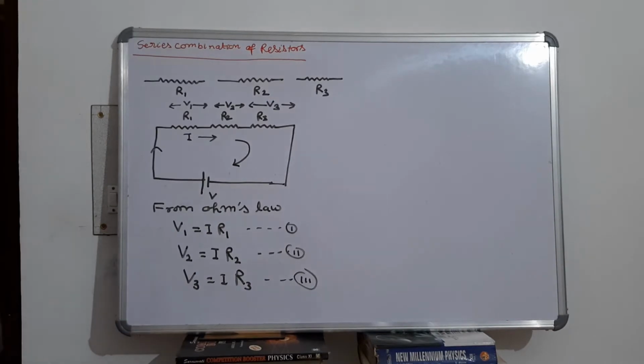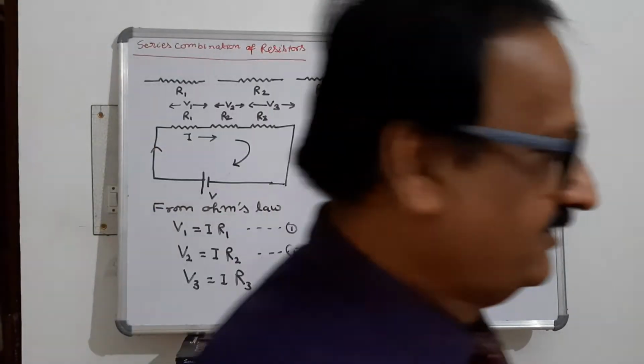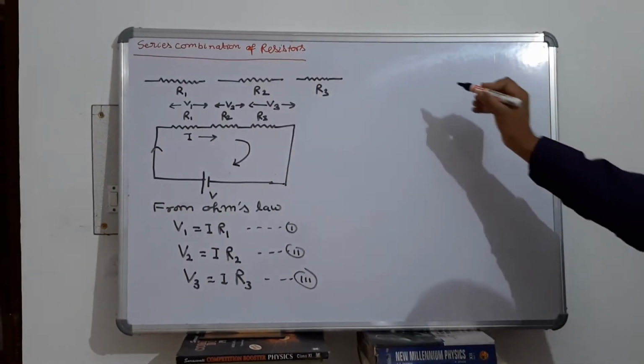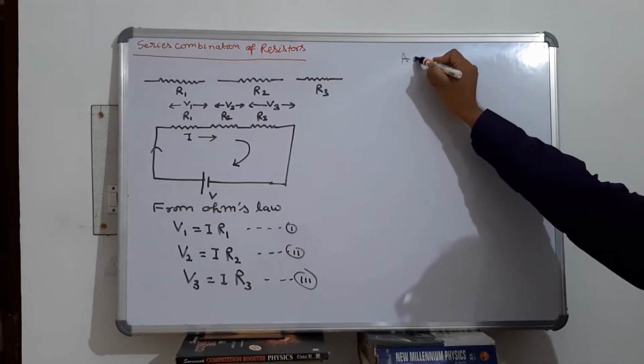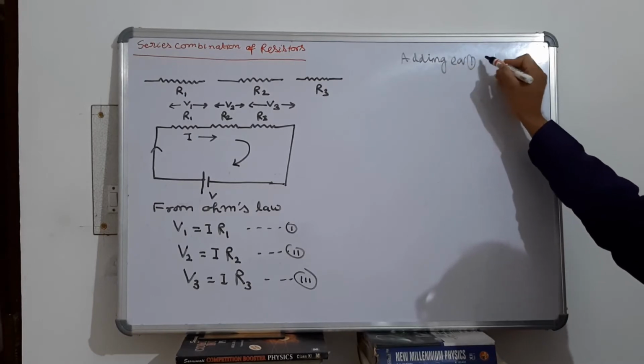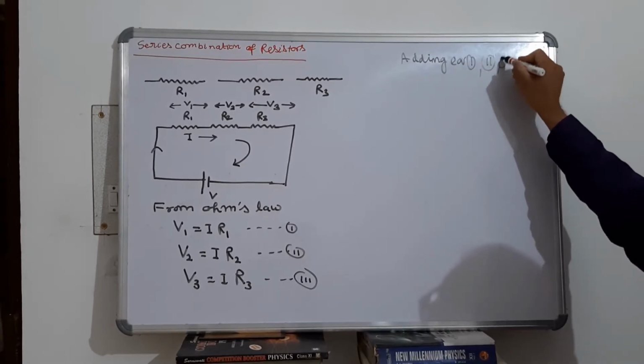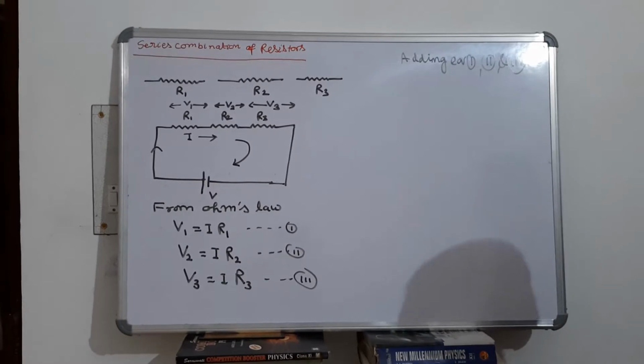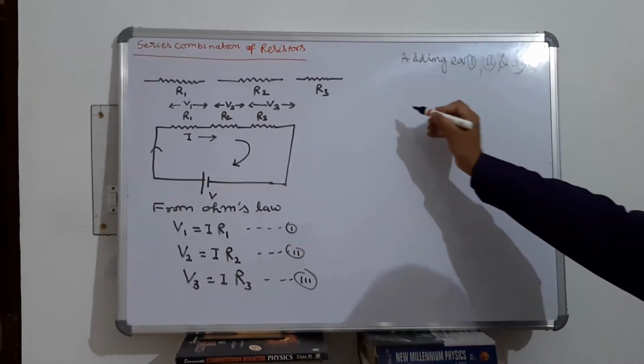Now I will add these three equations, adding equation 1, 2 and 3. Left hand side of the equations are V1, V2 and V3.